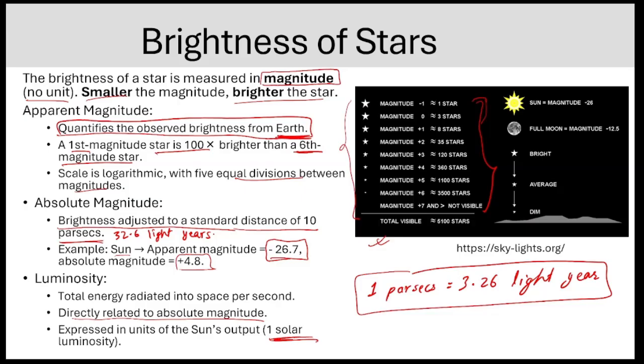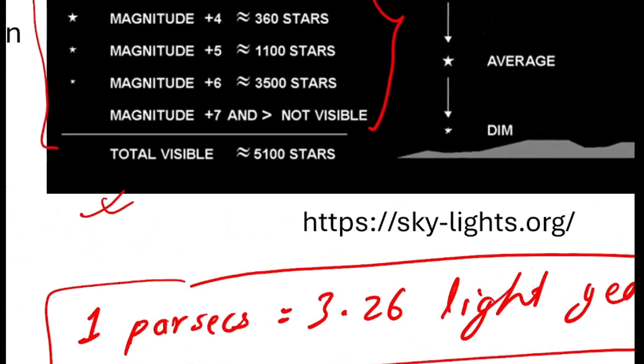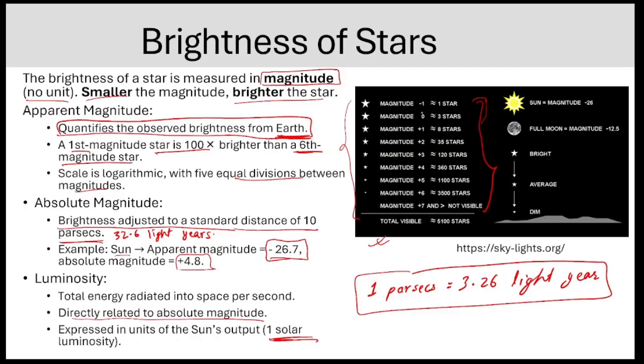So we will see around 1 star of magnitude -1, around 3 stars with magnitude 0, 80 stars with magnitude plus 1, and so on, around 3500 stars with a magnitude of 6.